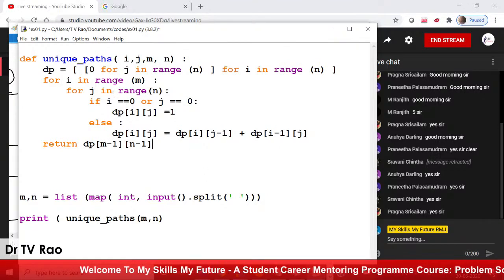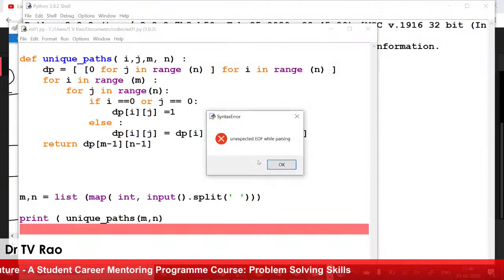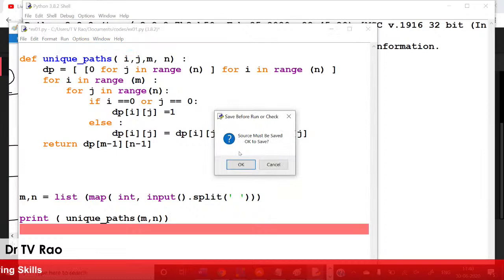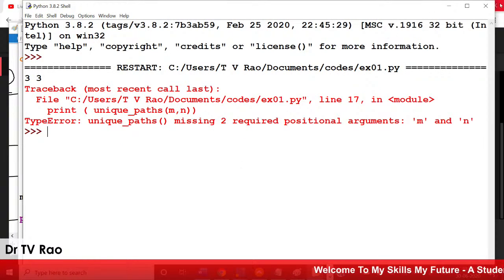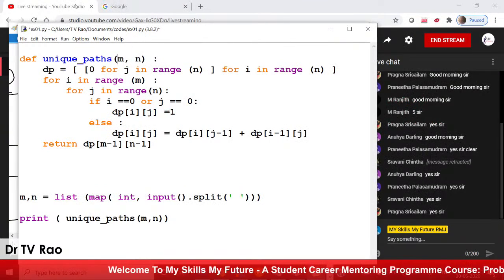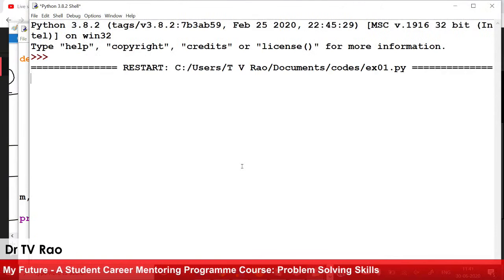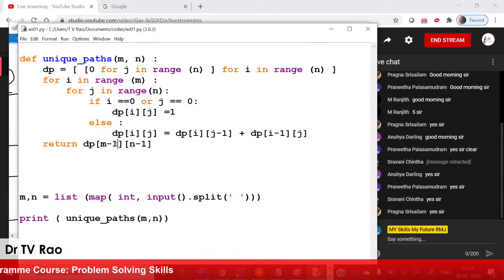This is called memoization. So 2 required, 4 are given.